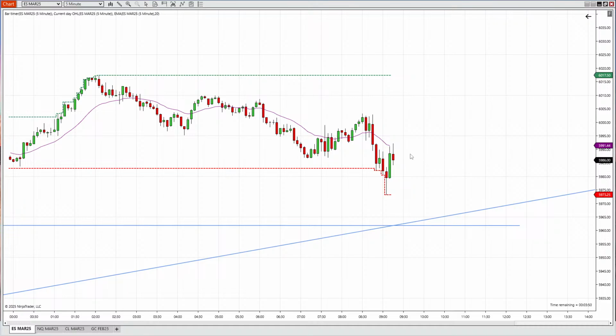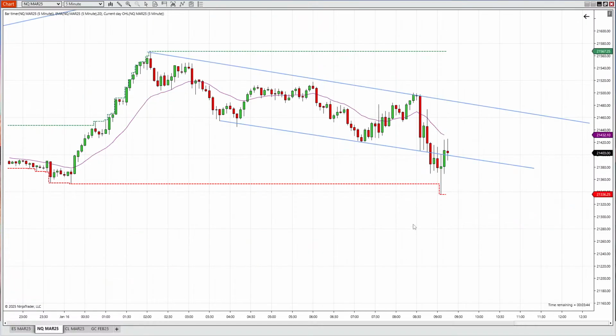Looks like we are finding some sellers at the moving average. Still got lots of time left in here though. NQ, like I said, a little bit better signal bar. Well, I guess you get a signal bar, not really the best signal bar. I think the signal bar itself could have ended a lot better.